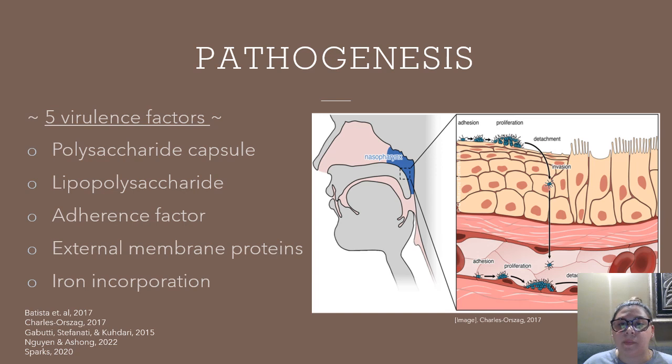Once in the bloodstream, meningococci circumvent an immunological response by several virulence factors. So we're going to go over those. There are 5. First off, the polysaccharide capsule. This is a structure that protects the etiologic agent from complement-mediated phagocytosis and lysis. It is important for the differentiation of the serogroups.